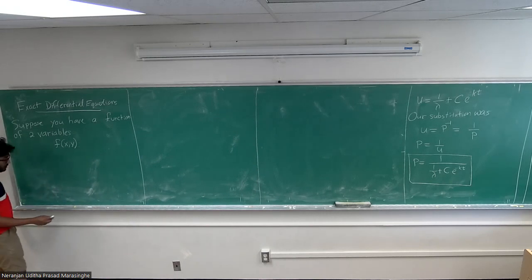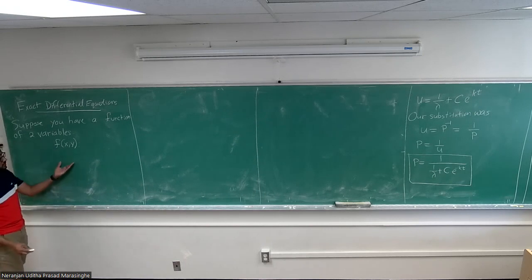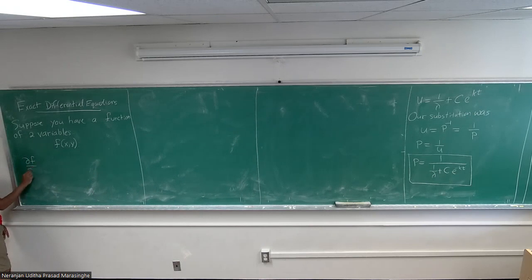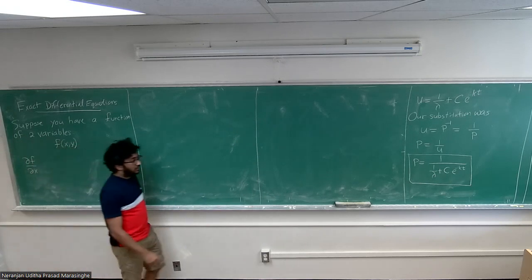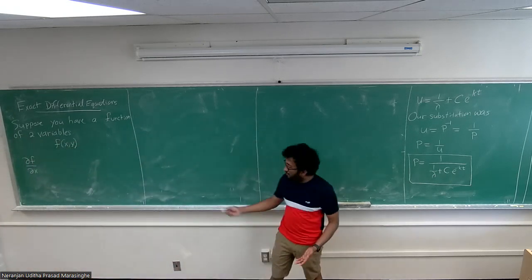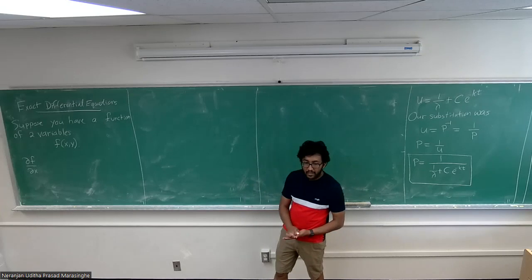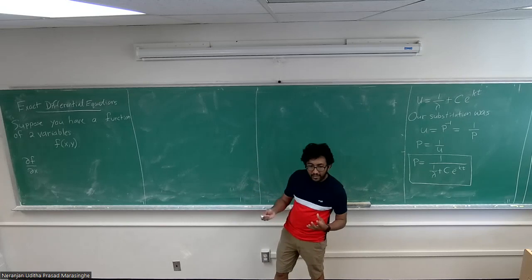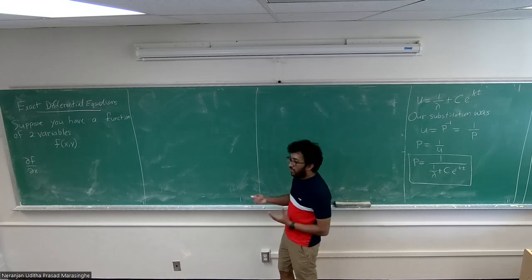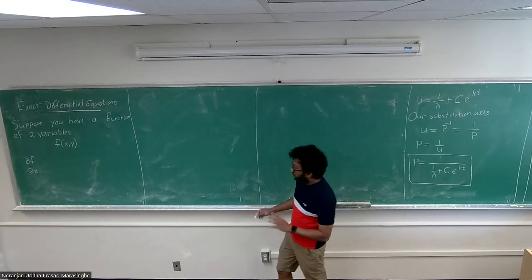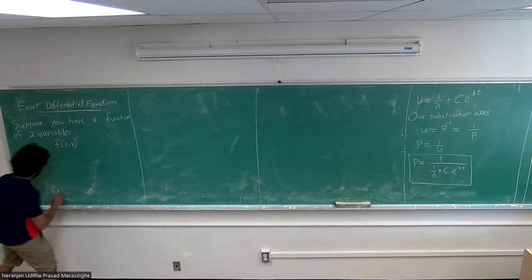So first I would take the partial derivative of this function f with respect to x. What is the meaning of ∂f over ∂x? The idea is you think that y is constant and you vary x, right? You give a little change to x and you check what is going to happen to f.